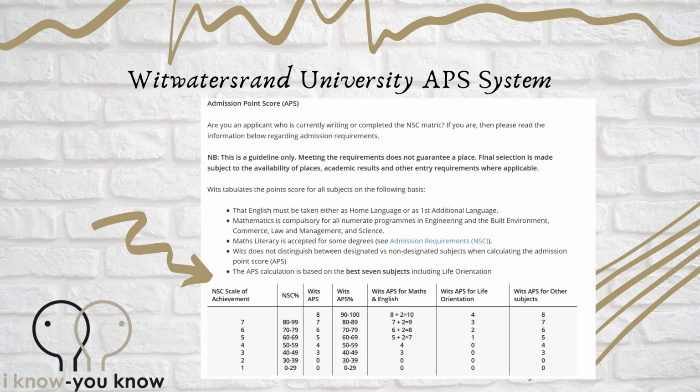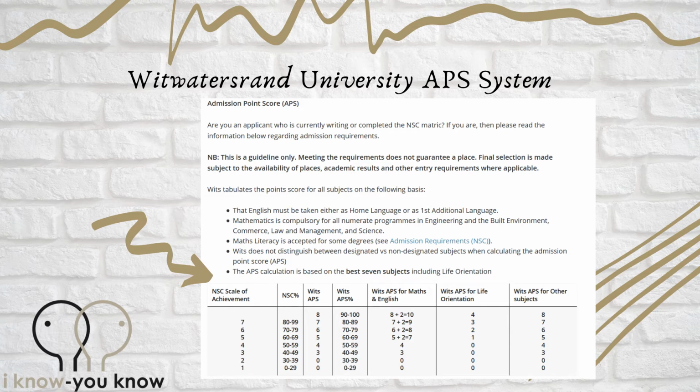And what you see here is that starting from the bottom, instead of 0 to 29% being level 1 and 30 to 39% being level 2, like the NSC, Wits actually has both those ranges as zeros in terms of APS scores.